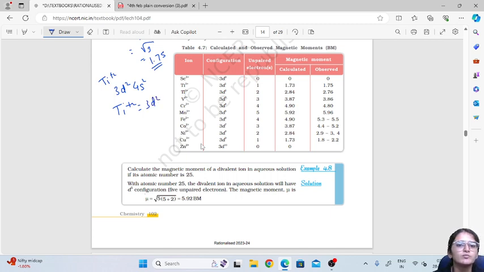So 3d2 means only 2 electrons in the d orbital, so that gives 2 unpaired electrons. So we have root of n into n plus 2, so it will be 2 into 2 plus 2, so 2 into 4. 4 twos are 8.